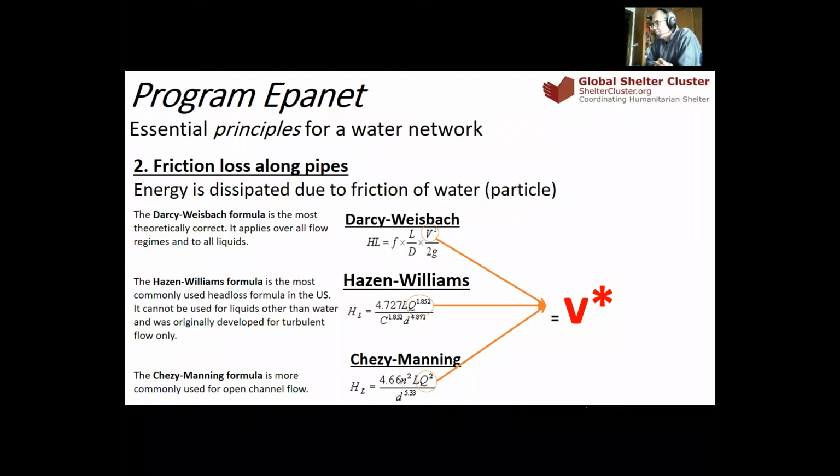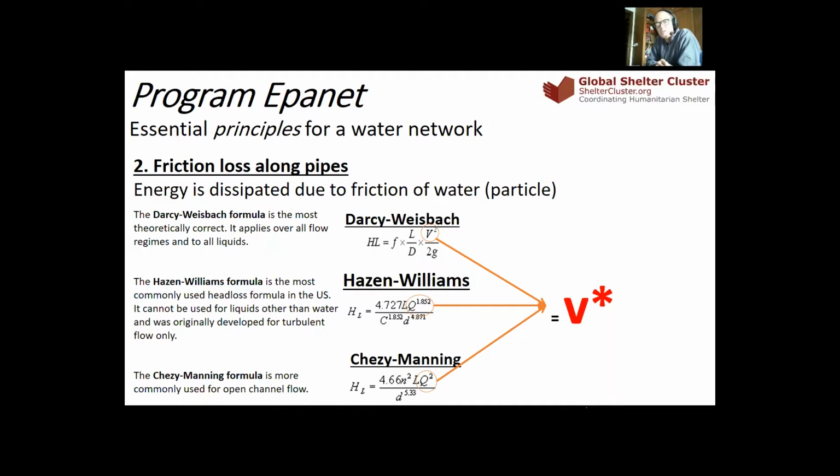What does it mean? It means if I have water in a pipe flowing at 1 meter per second, I have an amount of friction loss, let's say 1. If I have the water flowing double so quick, 2 meters per second, my friction loss is actually 4 times more. So the friction loss is exponential to the velocity of the water in the pipe.